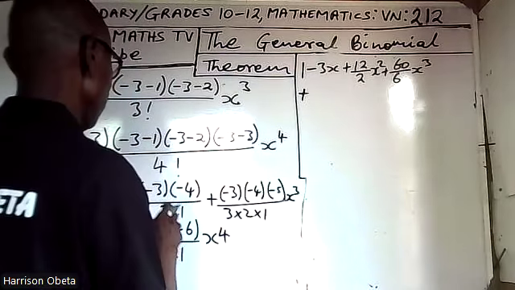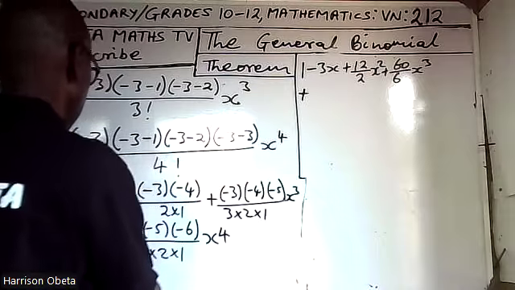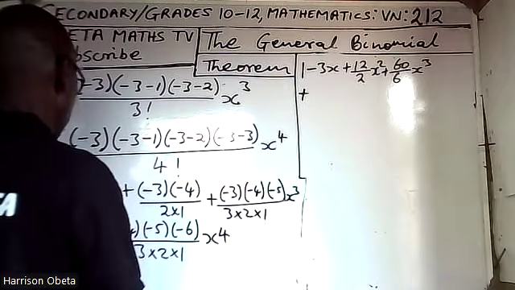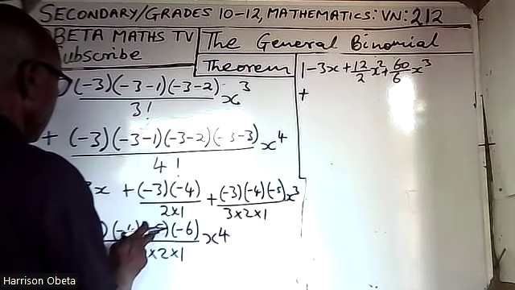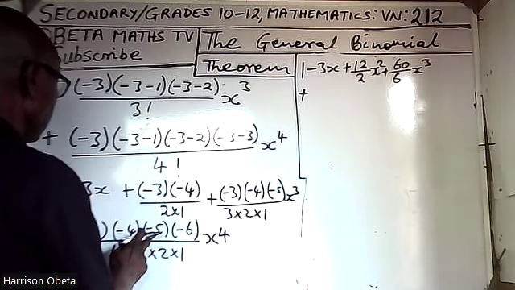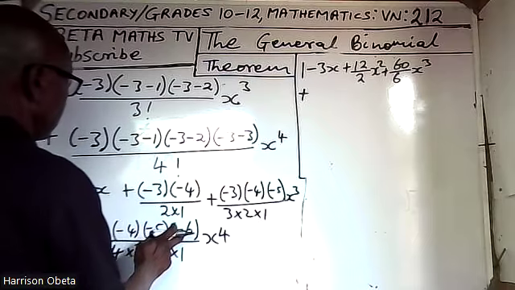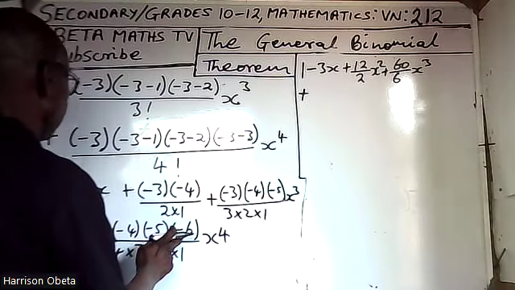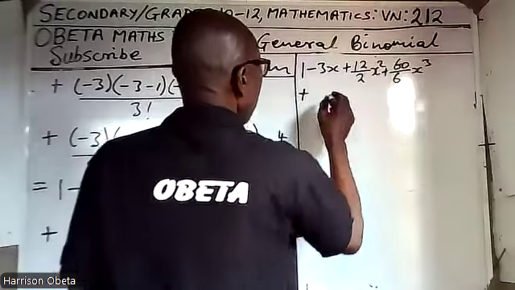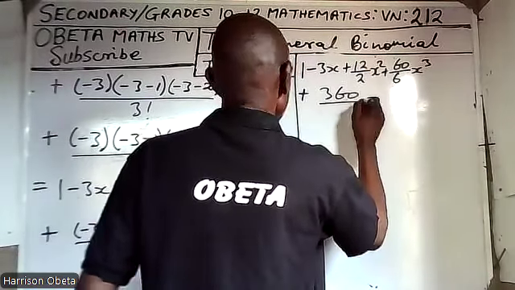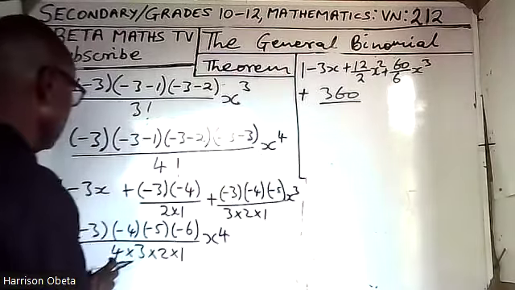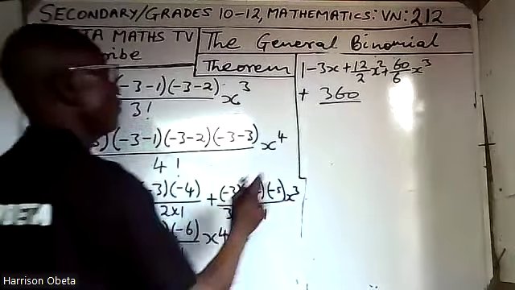Coming down to the final stage, this is 12 times this minus 60 gives plus 360, all over 4 times 3 times 2 times 1, which is 24.